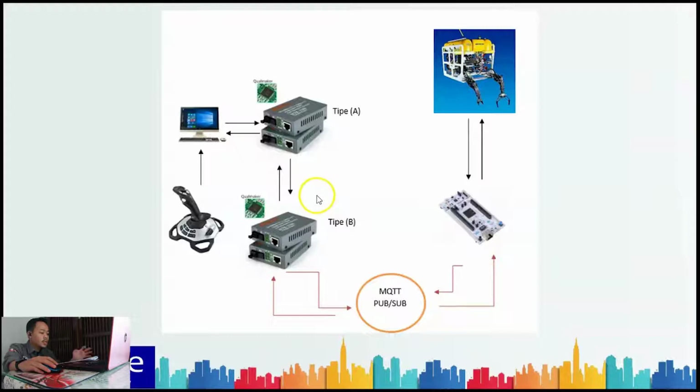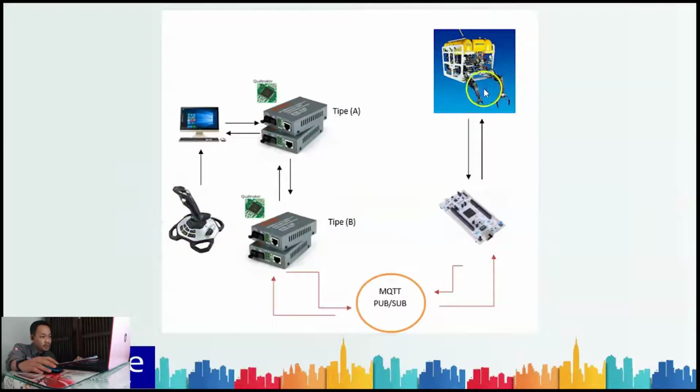From the PC, we connect it to Ethernet, then converter A, followed by converter B, which converts back to Ethernet, which will later be connected to STM32F429Zi. In the same scheme, you can see an image of a joystick and a robot.